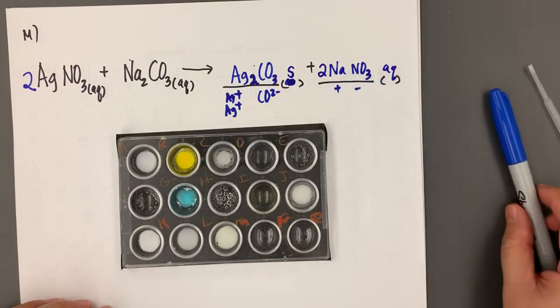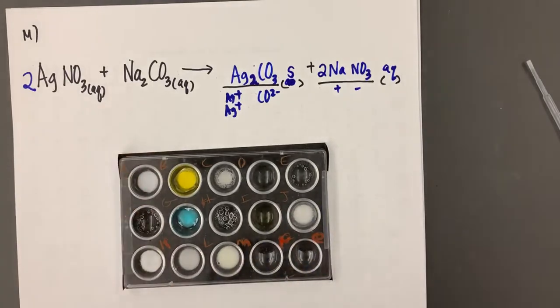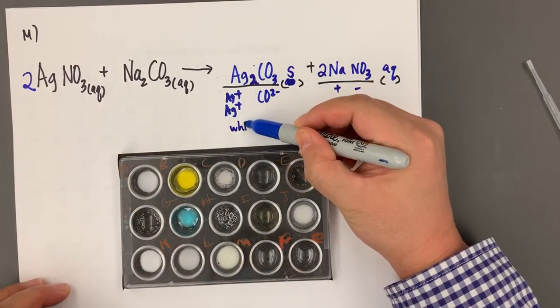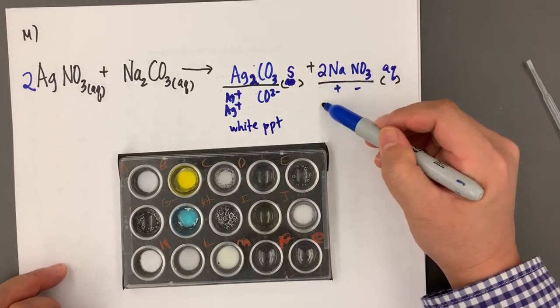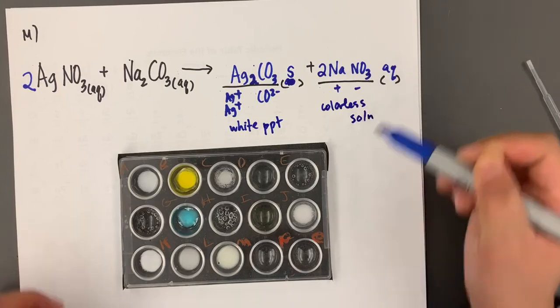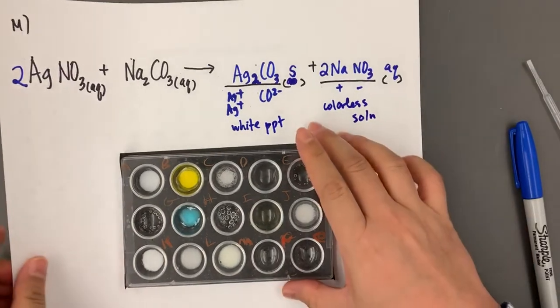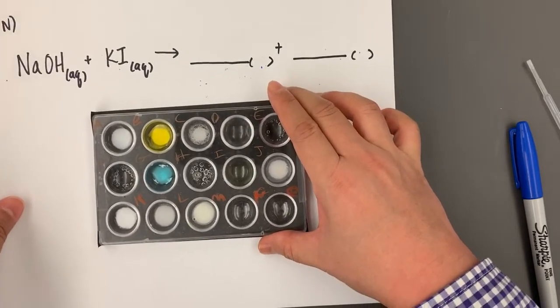The NaNO3 is aqueous. So the white precipitate that we see here is the silver carbonate. This is again a colorless solution. Okay, let's go on to the next one. This is going to be our last one.